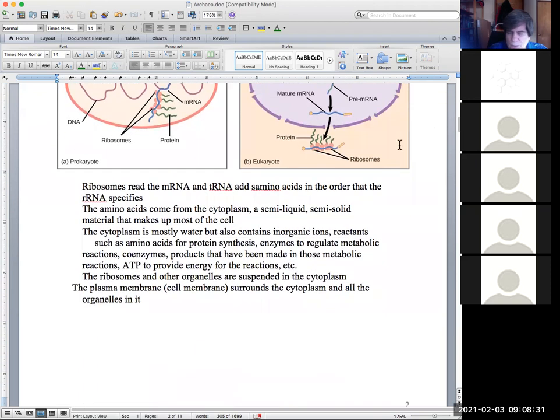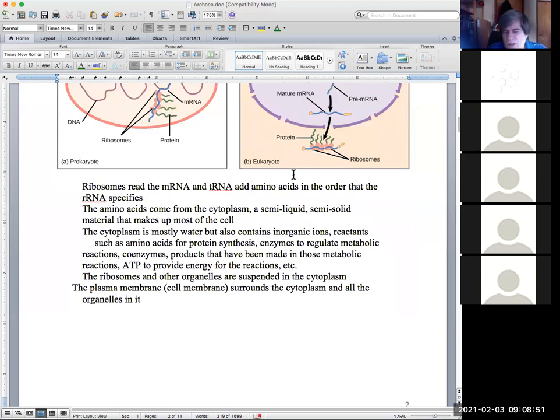So remember, what the ribosomes do is they read the messenger RNA, and then transfer RNA adds amino acids, which is spelled wrong. Where does it get those amino acids? Well, it collects them from the cytoplasm. When you think of the cytoplasm, think of a warehouse.